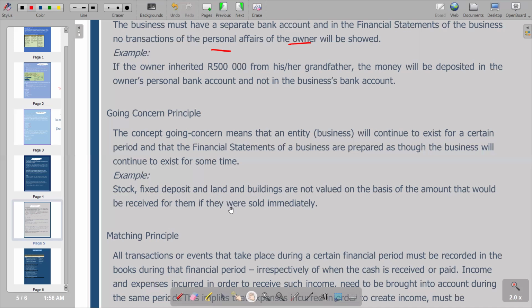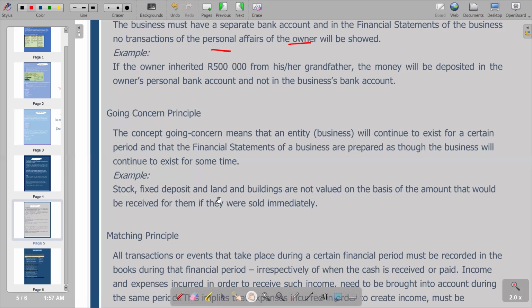So we are saying the valuation of those assets, in the form of maybe land and buildings and fixed deposits, is not based on the net realizable value, that is, the amount that you expect to receive if you sell the asset today. But we record them at cost price. So basically, that's what we have.